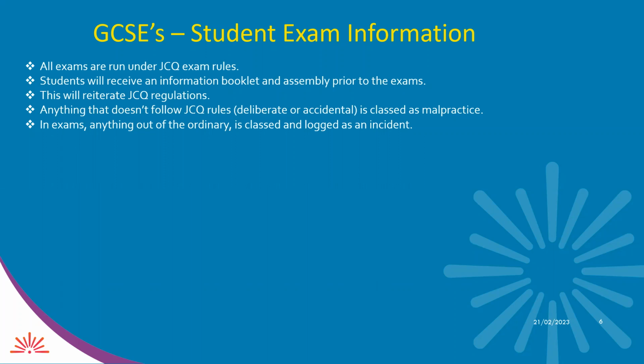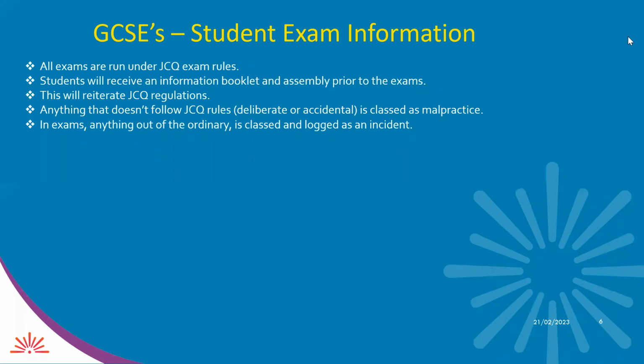Anything that doesn't follow those JCQ regulations, and that can be deliberate or accidental, is classed as malpractice. And that word malpractice sounds like a horrible word, but it just means something's happened that doesn't match those exam rules. And if it is an accident, we still have to deal with it.